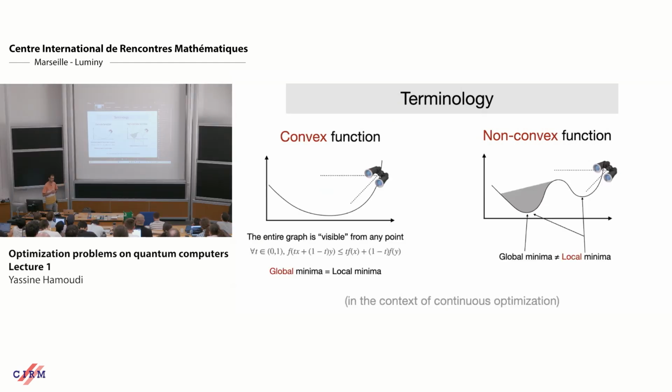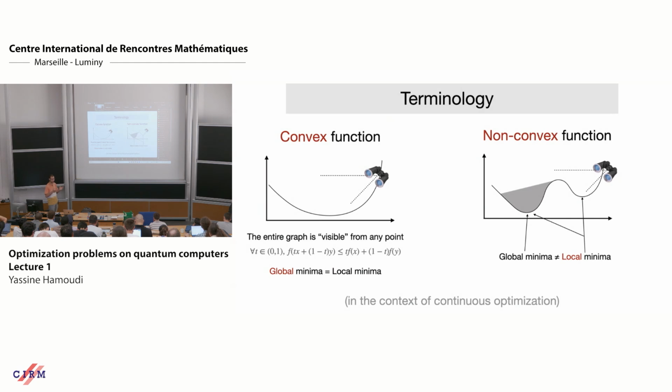Okay, last point of terminology is about convex versus non-convex optimization. This is in the context of continuous optimization, where you want to optimize a continuous function. Convex optimization is very nice because the function has some very good property that will allow you to optimize it very efficiently.